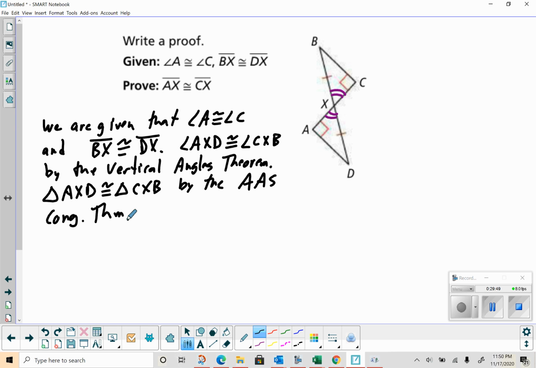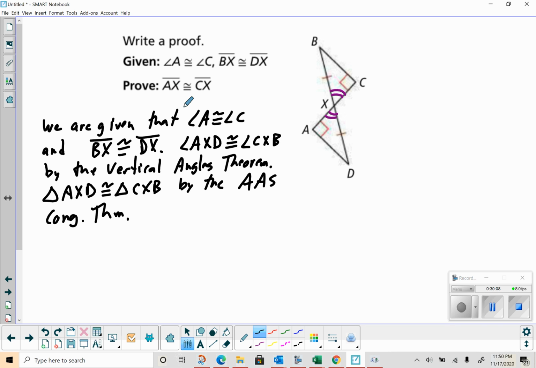Okay, so there we have, wait a minute. The prove statement here doesn't just say that the two triangles are congruent. We're supposed to somehow prove that segment AX is congruent to segment CX.